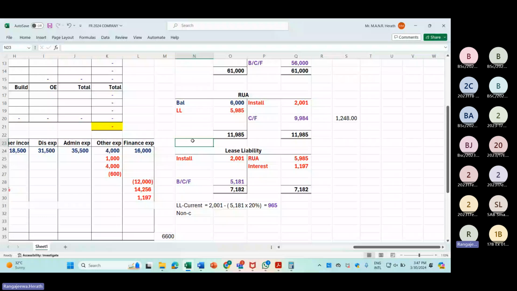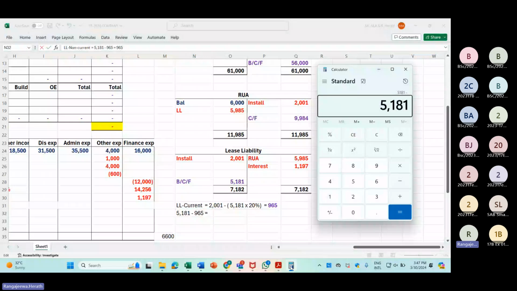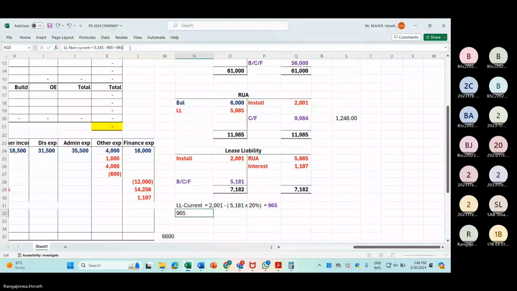From that you deduct 965 current part. So 5,181 minus 965 is 4,260. Lease liability non-current 4,260.